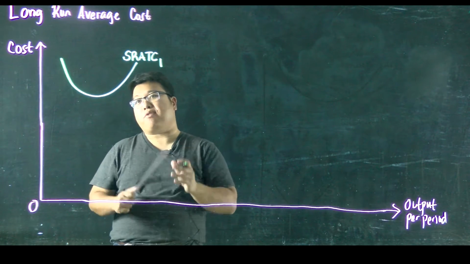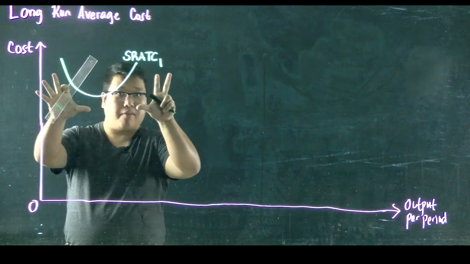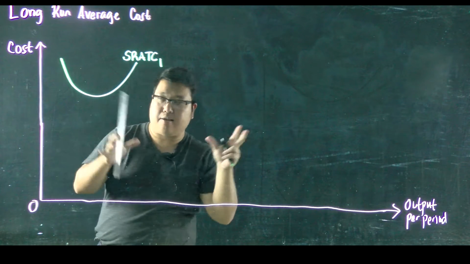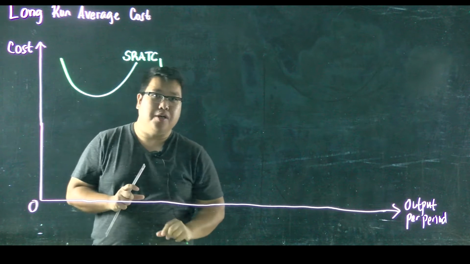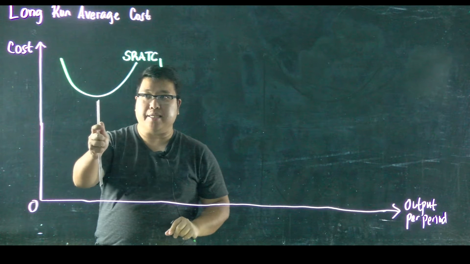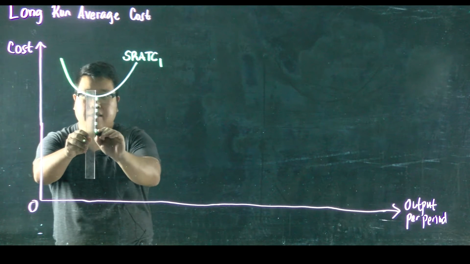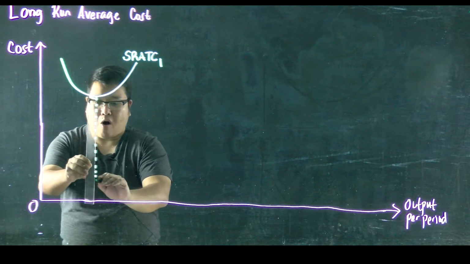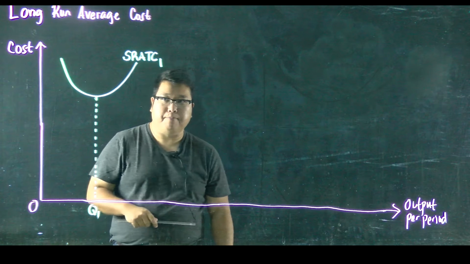This curve tells us that for this particular technology or plant size, as the textbook calls it, you have an associated average total cost curve. And for this plant size, the lowest cost is achieved at, let's say, Q1.